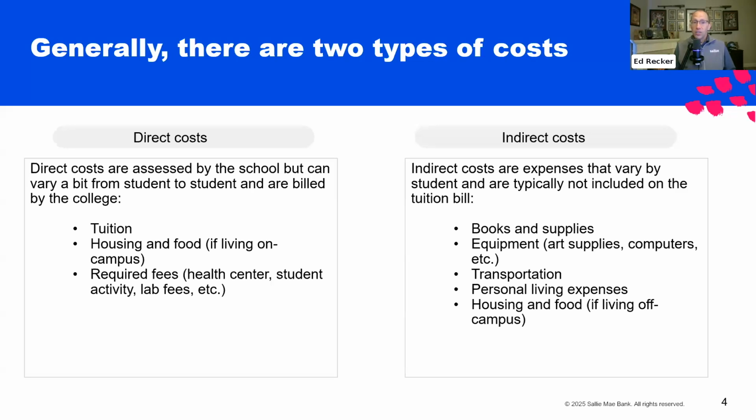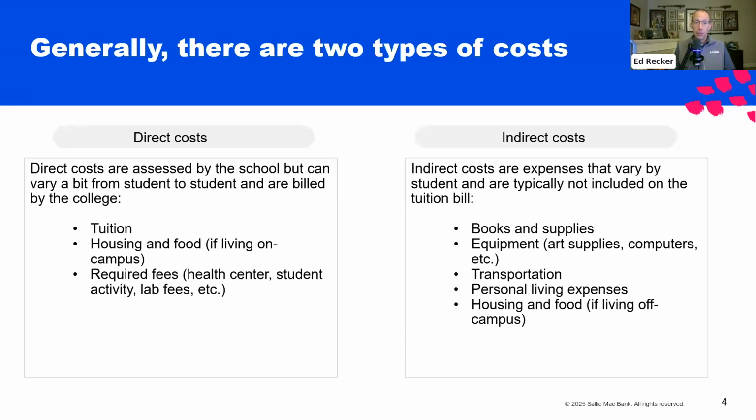Now, indirect costs are exactly that. They are indirect. These are costs that a student or a family are going to incur, but you're not going to necessarily get a bill directly from the college or university. So think from a perspective of books and supplies. Any type of equipment, if you're in an art class, or if you need a computer, or you have some laboratory equipment, those types of things may be included in that.